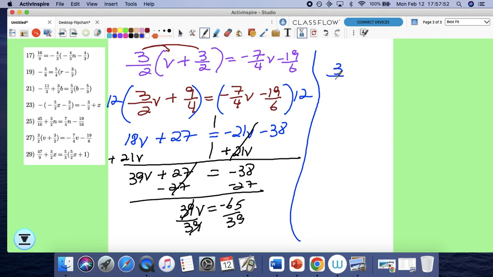Okay, 3 over 2, parentheses, we replace the v with negative 65 over 39, plus 3 over 2. On the other side, negative 7 over 4 times negative 65 over 39, and then minus 19 over 6.